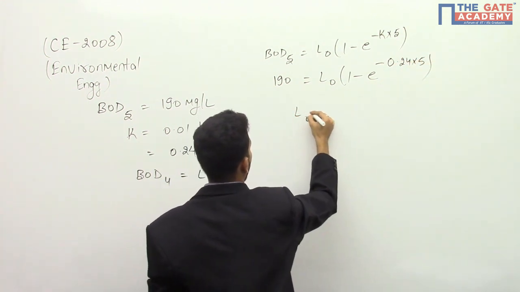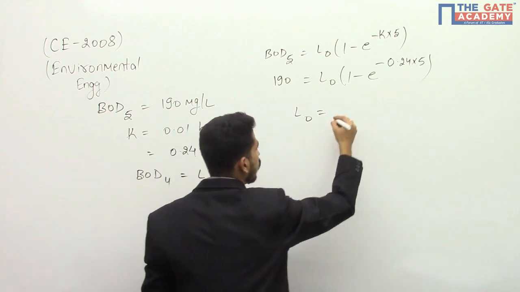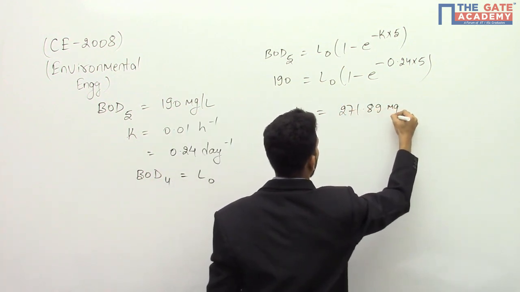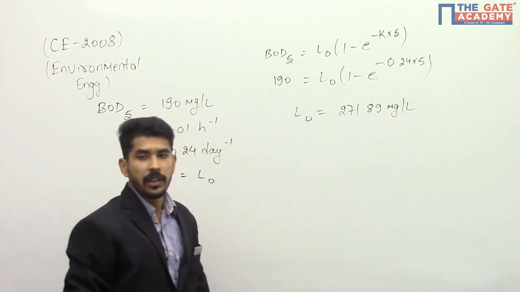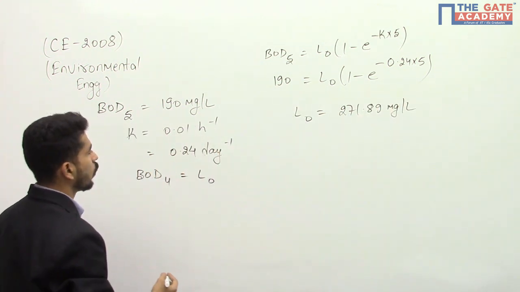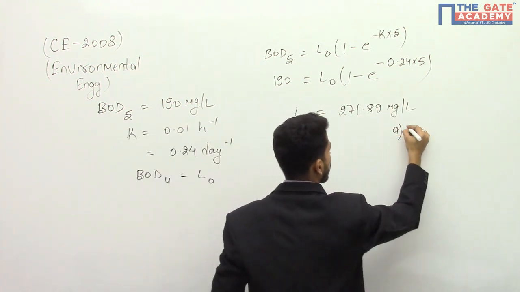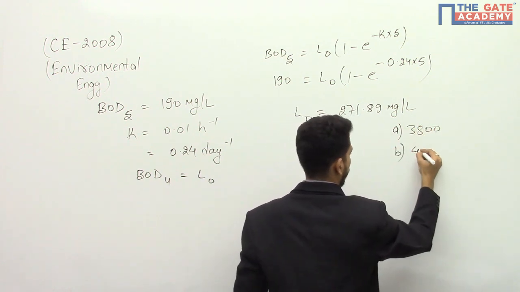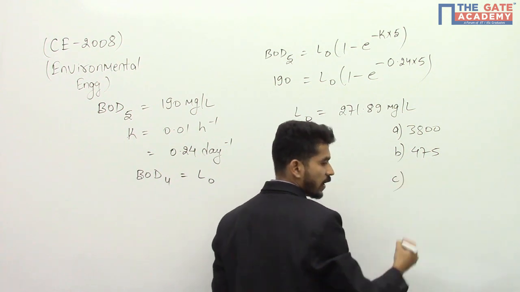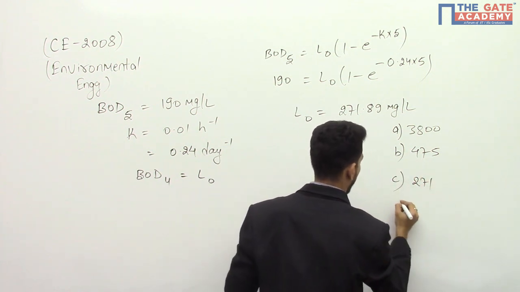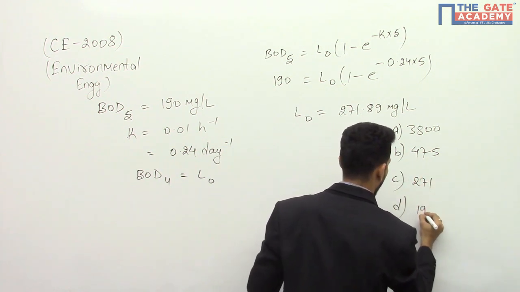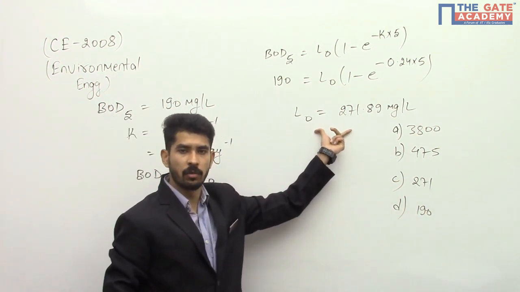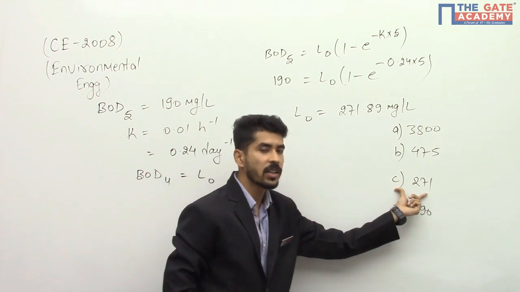So from here L0 comes out to be 271.89 milligrams per liter. The options given for this question were: option A 3800, option B 475, option C 271, and option D 190. So this is the conventional method to solve this particular question, and the answer is C.